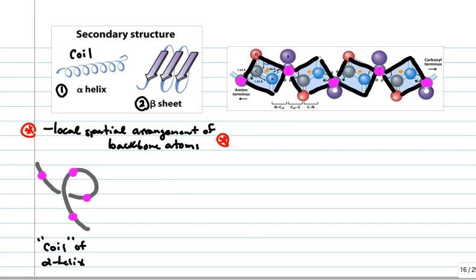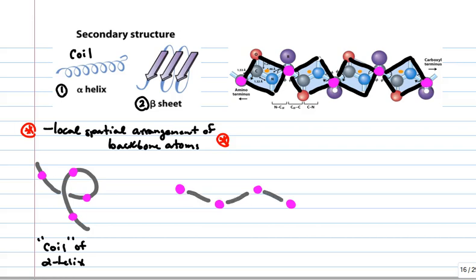Well, let's do it this way. So this is kind of a zigzag pattern of alpha carbons.